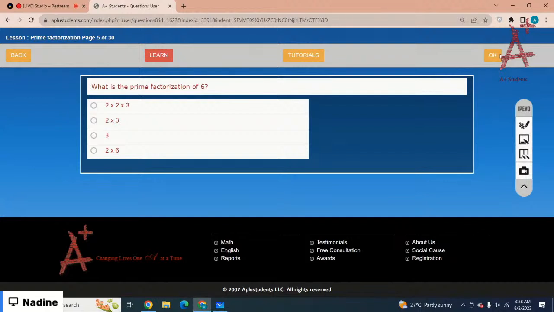Which is the correct option? The prime factorization of 6 is 2 times 3. The correct option is the second one.